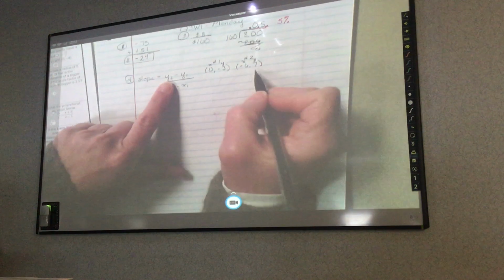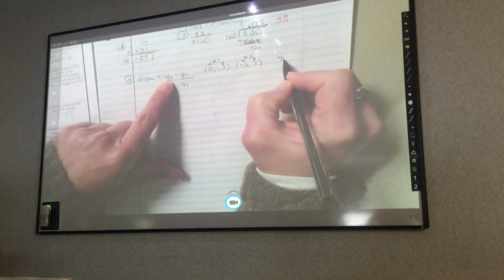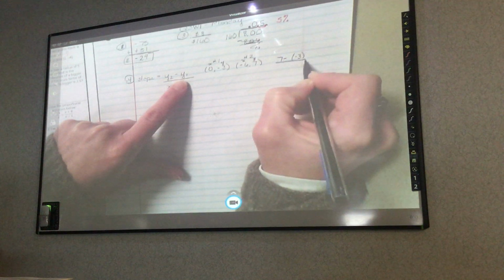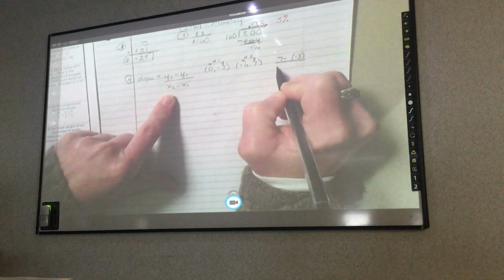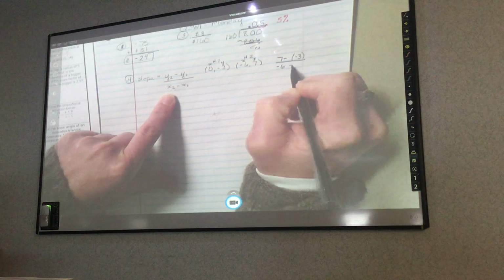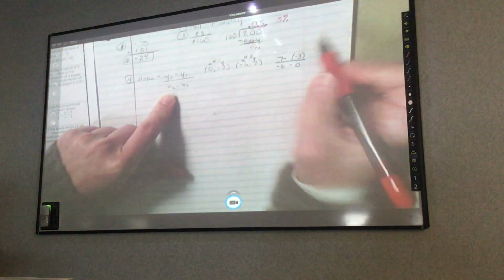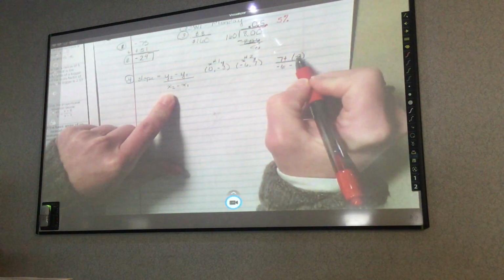So then I have y2, which is 7, minus y1, which is a negative 3, over x2 is a negative 6, minus x1 is 0. Keep, change, change.